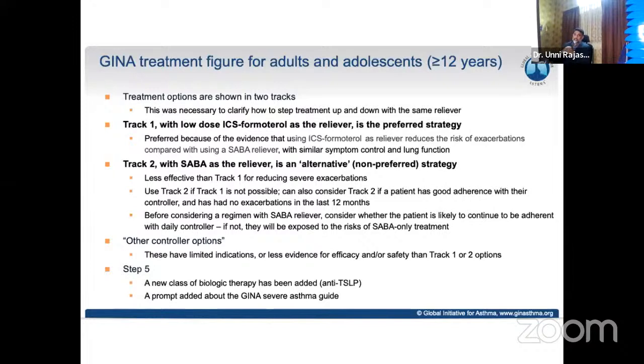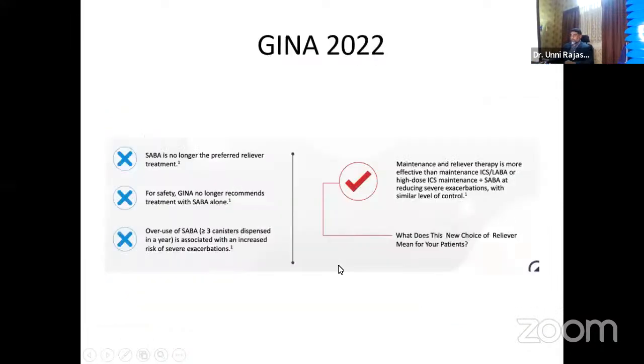That's the main reason why this guideline has been adopted. There are other controller options like leukotriene inhibitors, but the evidence for efficacy and safety is less strong than for these two regimens. In step 5, a new class, anti-TSLP, a biological therapy, has been incorporated.